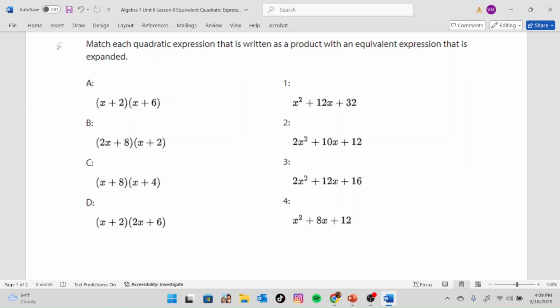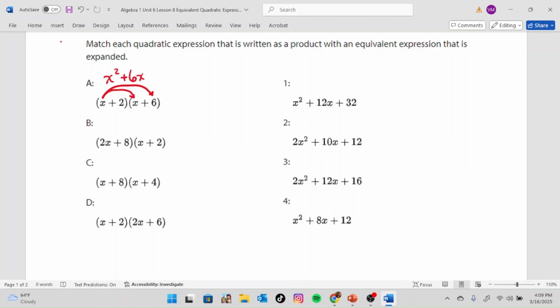So in order to do this, we're going to use something that we call FOIL. First, outside, inside, last. So we're going to take the first term, x, and multiply it by the other first term, x, and that gives us x squared. We're going to take the outside term, x, and multiply it by the other outside term, 6: x times 6 equals 6x.